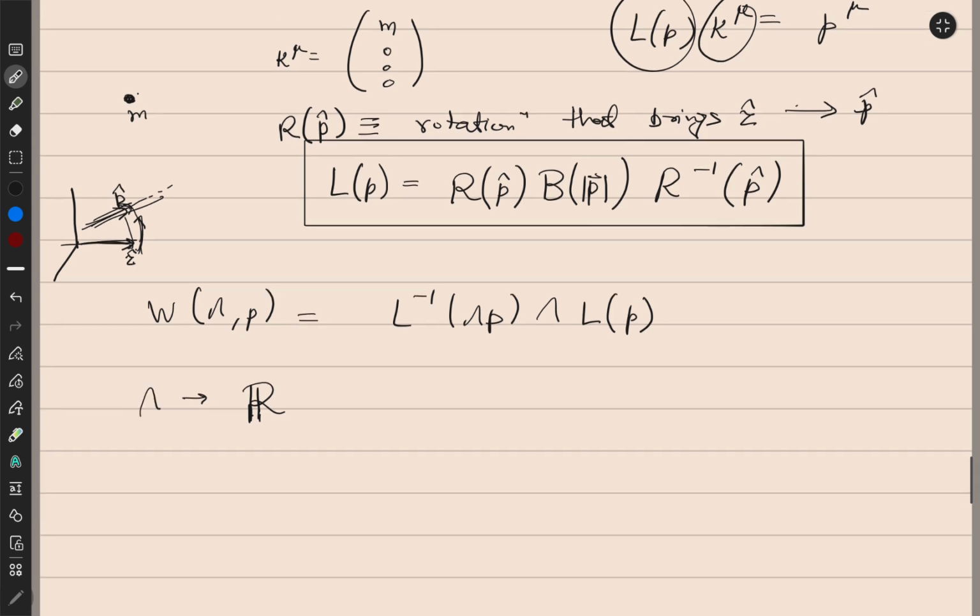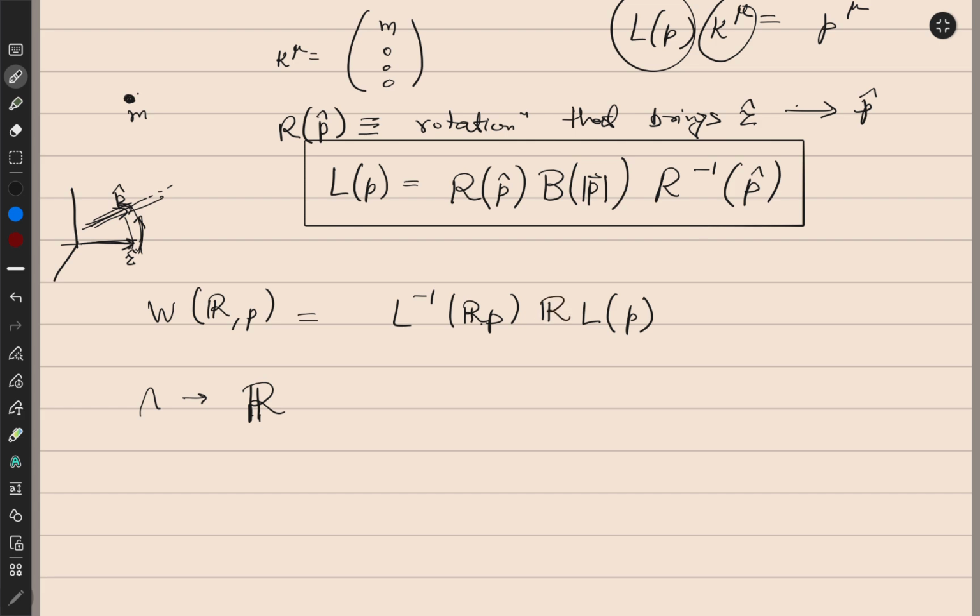This is lambda, and then it stands to reason again that in this little group, I'm using R. So right here I'll use R, and this is also rotation R.